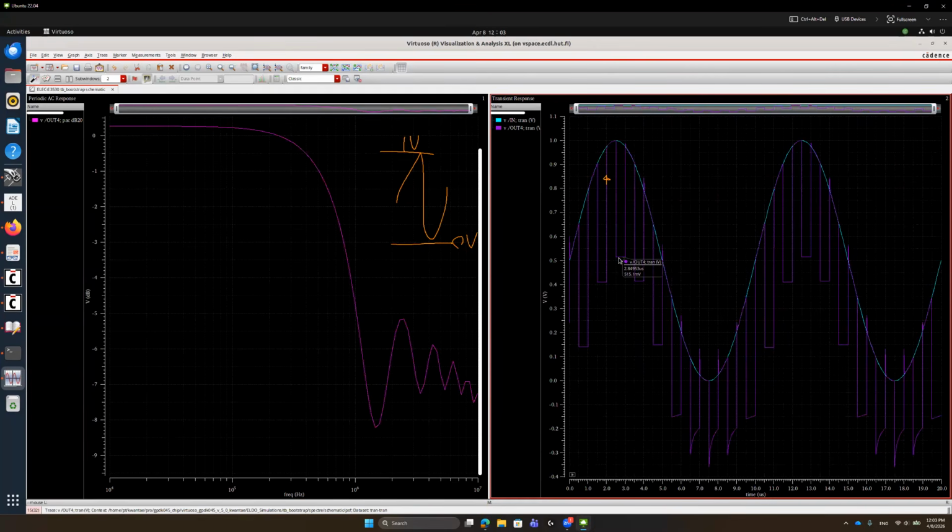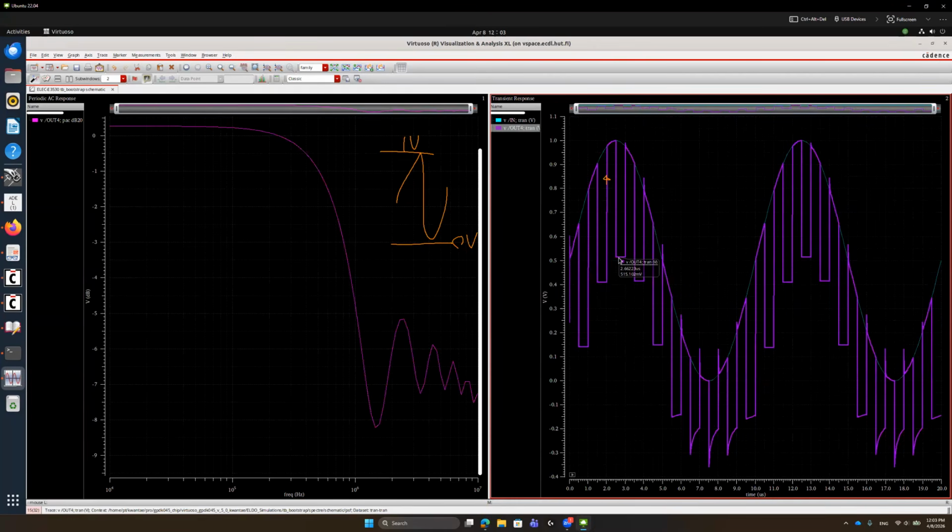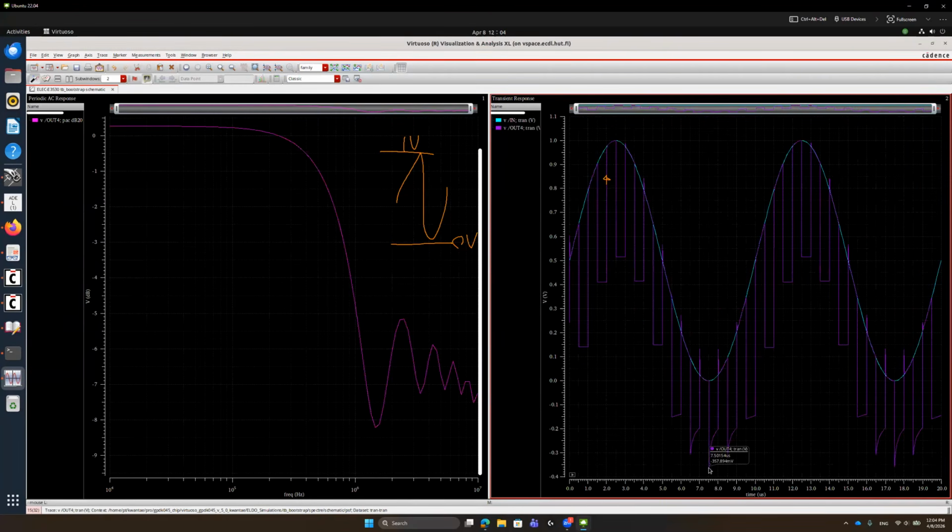And then when the tracking phase is completed, during the hold phase, it goes back to slightly higher than 0.5 volt, and it also touches.